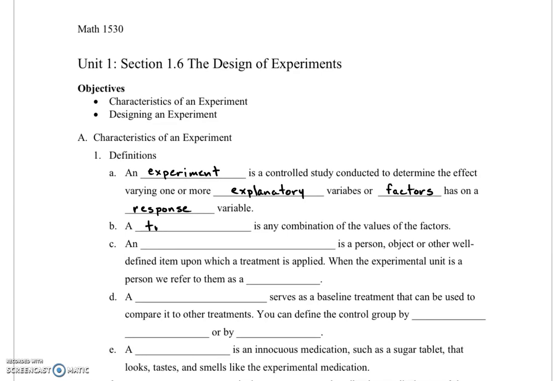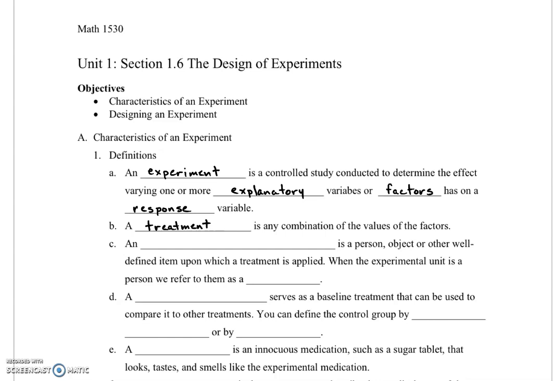A treatment is any combination of the values of the factors. So if a factor was a type of medication and another factor was the type of diet, a treatment might be taking the medication and having a low-fat diet.